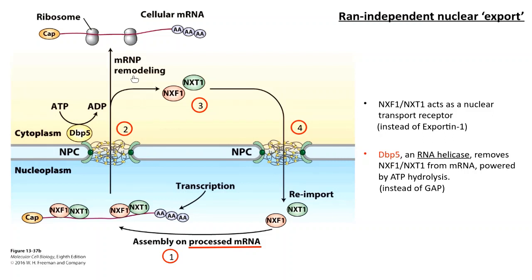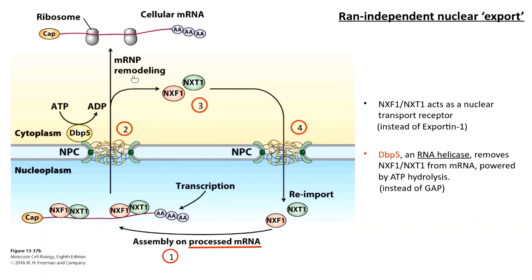We stopped at RAN independent nuclear export, and before that, we saw RAN dependent nuclear export, where we had RAN GAP and RAN GEF concentration, and depending on that, there was unidirectional transport of proteins across the nuclear membrane, or rather NPC, nuclear pore complex.